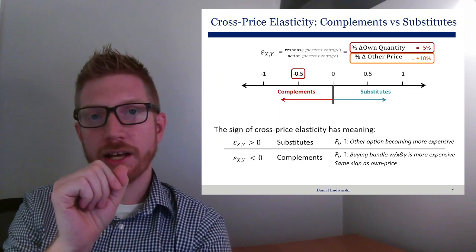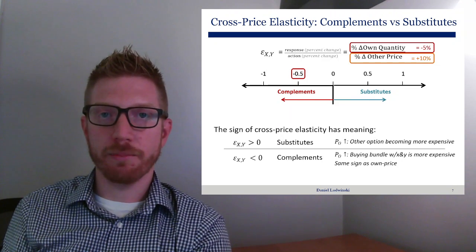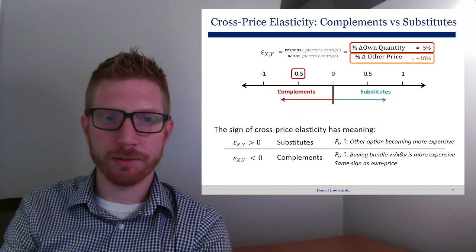But they're moving together in a negative direction because that demand curve is downward sloping.